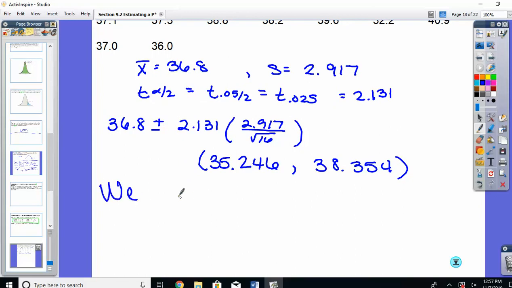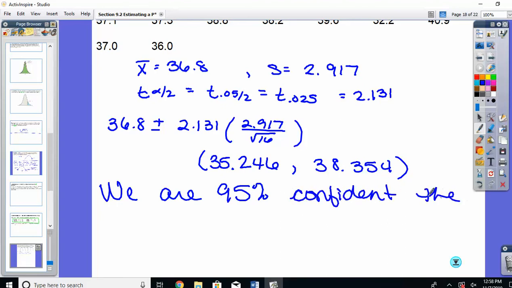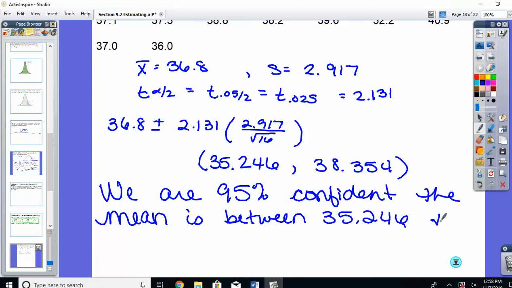So it means we are 95% confident the true mean is between 35.246 and 38.354. So this is extremely similar to what we were doing, except you are using the table for t instead of z.